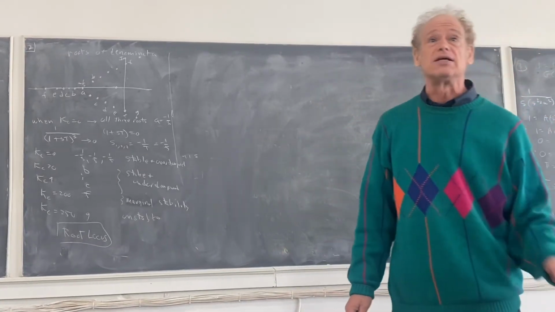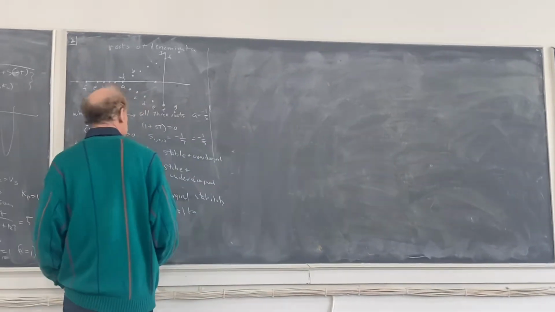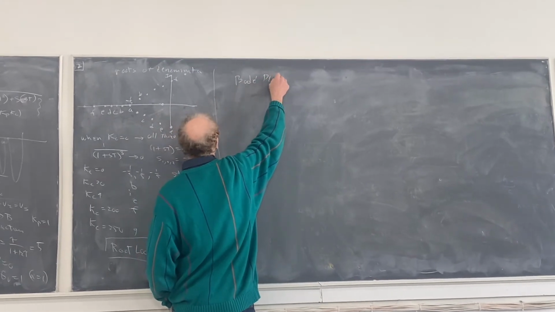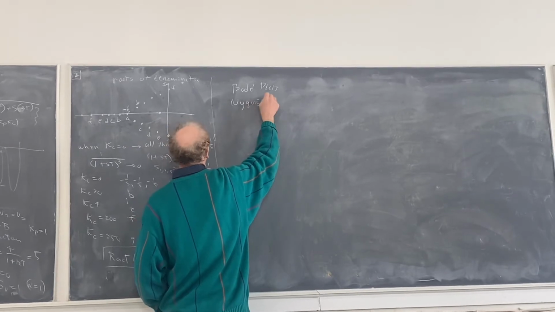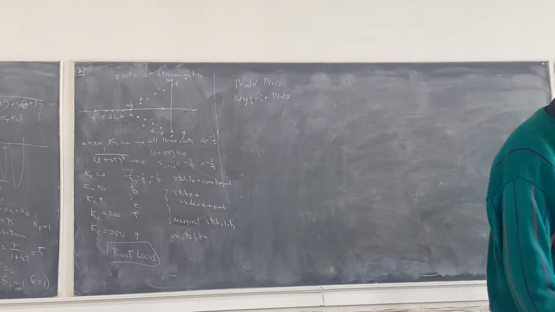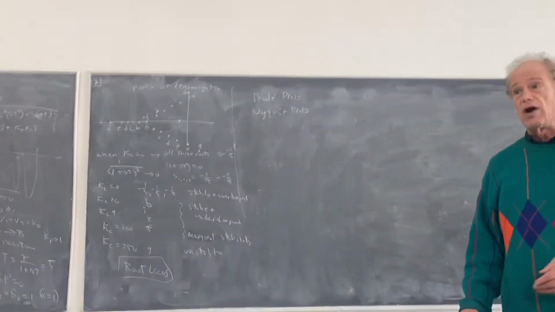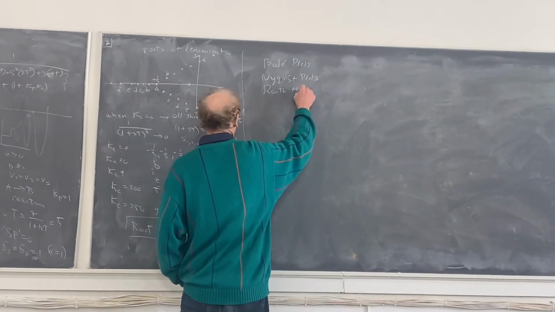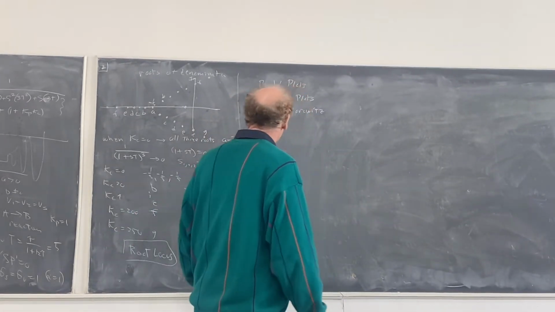There are 4 methods that we typically use: root locus, Bode plots, Nyquist plots, and then a 4th method called Routh-Hurwitz.